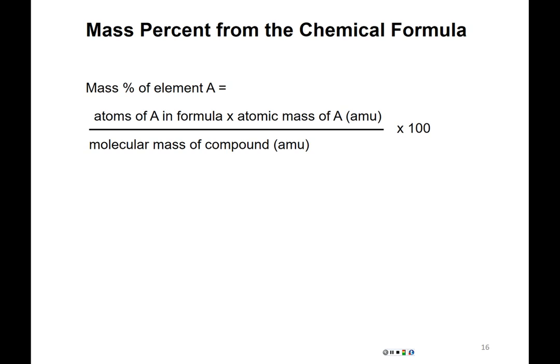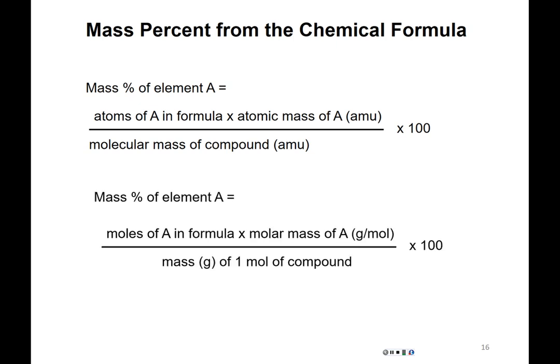Right? So that would give you the mass fraction of A. When you multiply by 100, that will give you the mass percent. The book also explains doing it another way. I don't recommend doing it this second way, but some of you might find that easier. So I just kept it included.